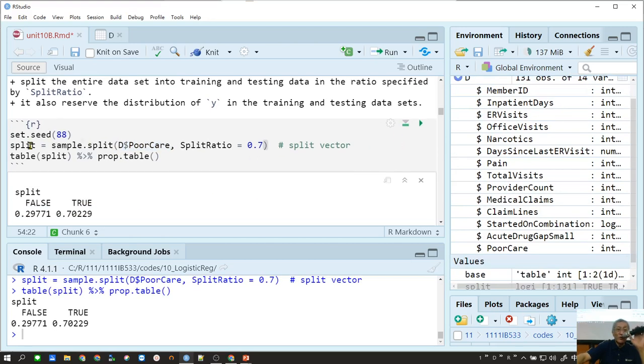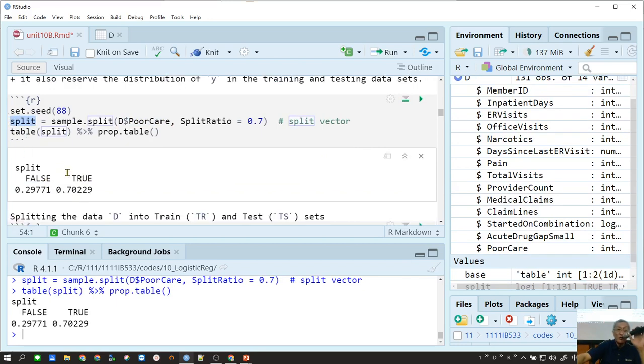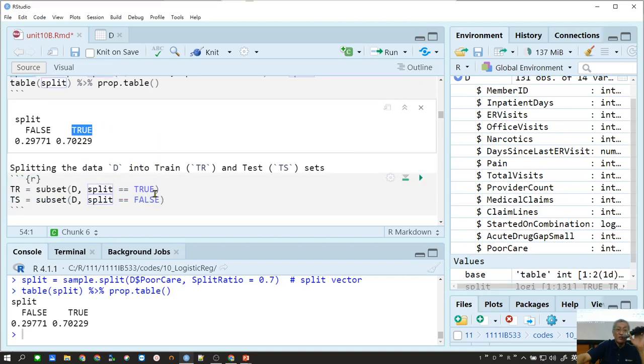And after you call the split, you will return a vector, the splitting vector. The vector is a vector of true and false. Okay, and usually true is the training set, right? We subset D with split equal to true and put it in TR. We subset D with split equal to false and put it in TS, right?